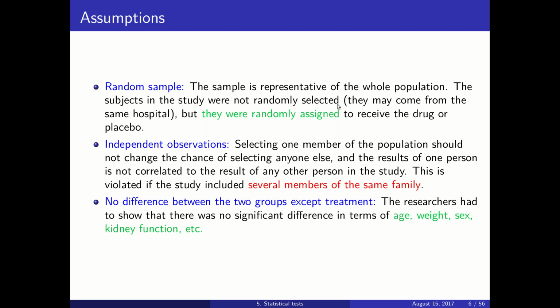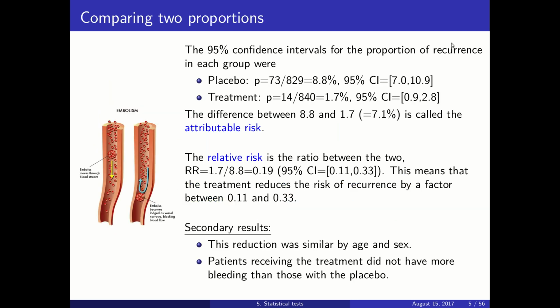And as always, if these are people coming to hospital because they have a particular disease, in this case it was thromboembolism, so this result only extrapolates to the population where this sample is representative. So it is only applicable to people that have already had a thromboembolism. It doesn't apply to the whole population.